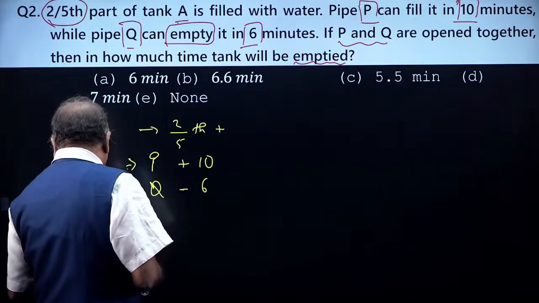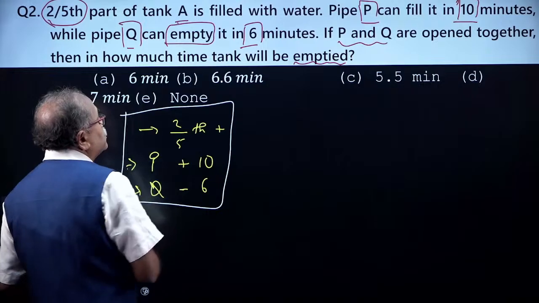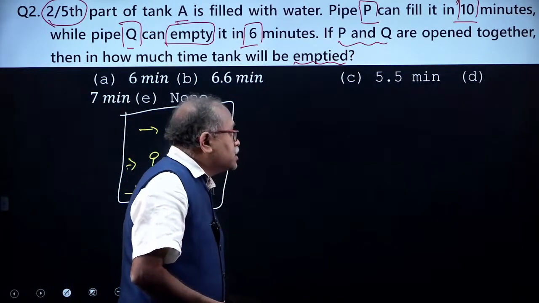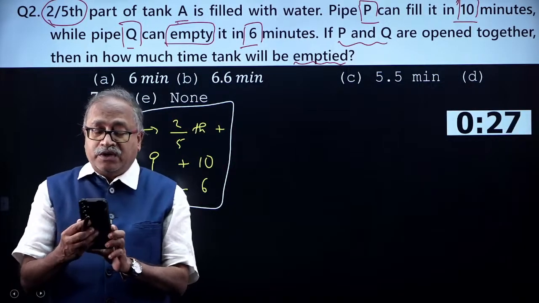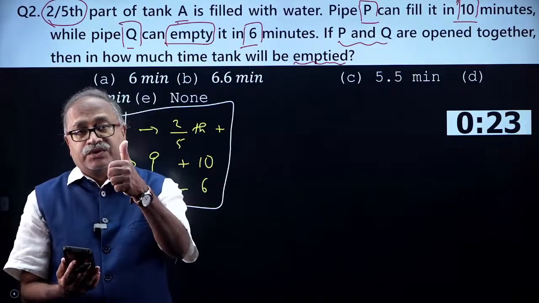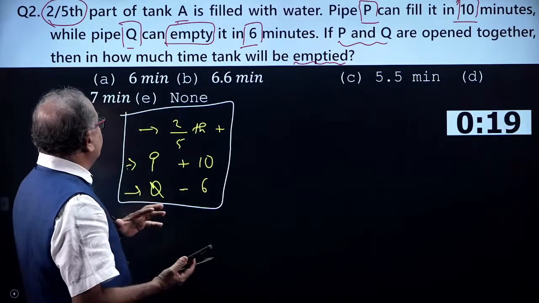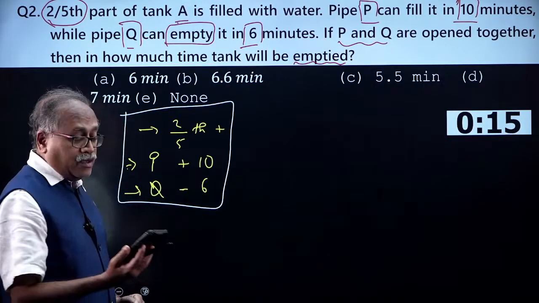So in the given situation, how much time will it take to empty the tank? Your 30 seconds starts now. Aman already answered it, and he says 6 minutes, that means option choice A.